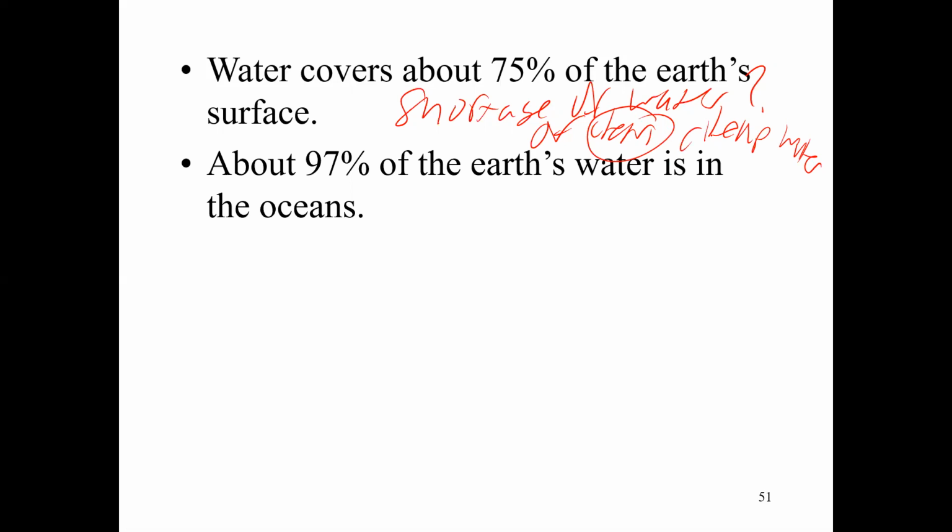In deserts and other places it's more expensive, but there's not a shortage of water. The key thing is clean and cheap. That's what concerns people: how much we pay for it and whether it's clean or dirty.